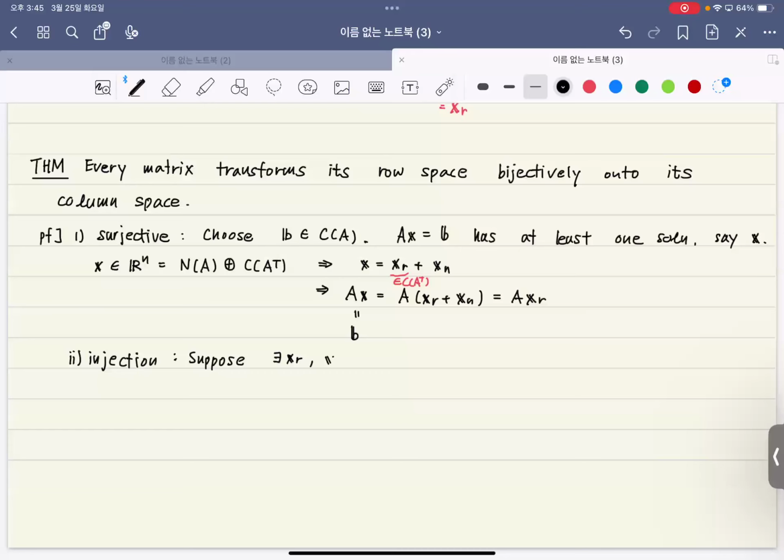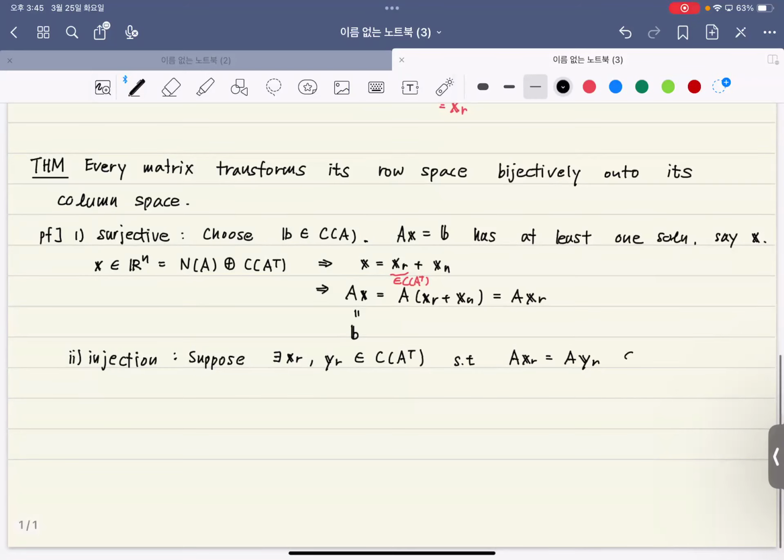Suppose I could find two vectors from the row space whose images are the same, such that A x_r equals A y_r. These images are clearly members of the column space. And if you take the subtraction, then this is the zero vector.